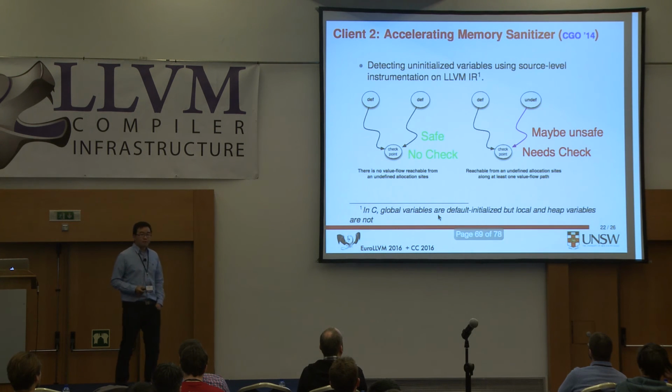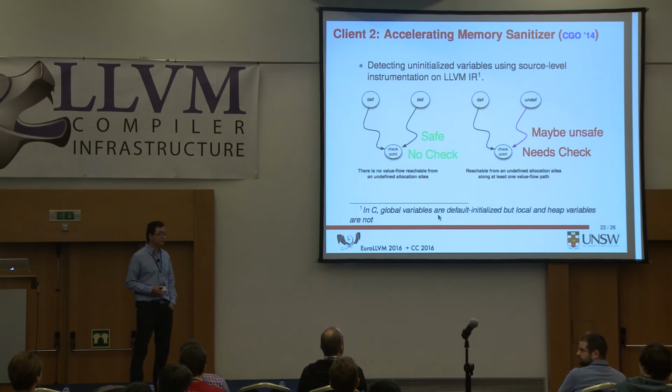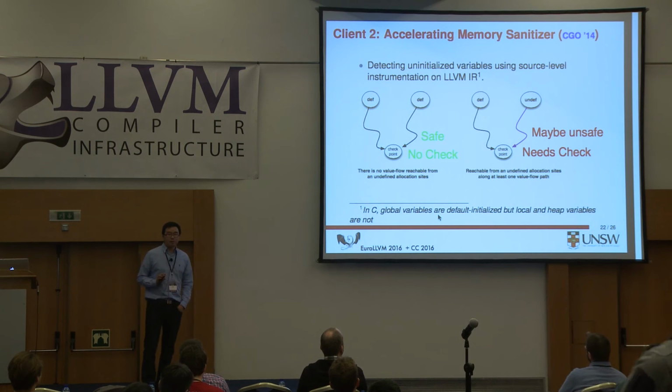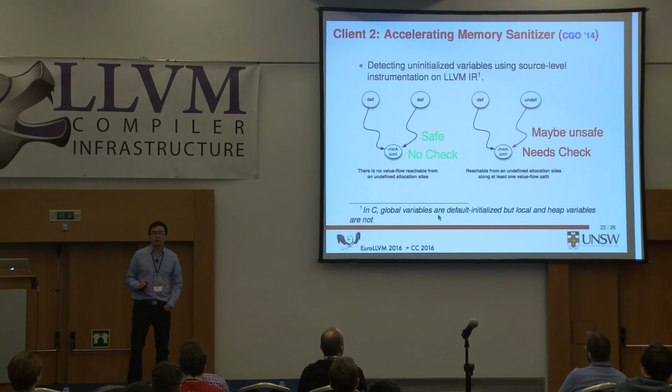So the next important application is sanitizers, especially memory sanitizers. We know that in C, global variables are by default initialized, but heap and local variables are not. So the memory sanitizer detects uninitialized memory access by source-level instrumentation of LLVM IR.